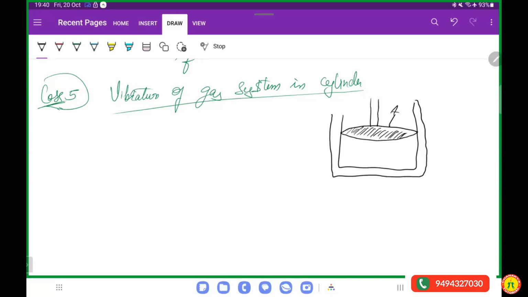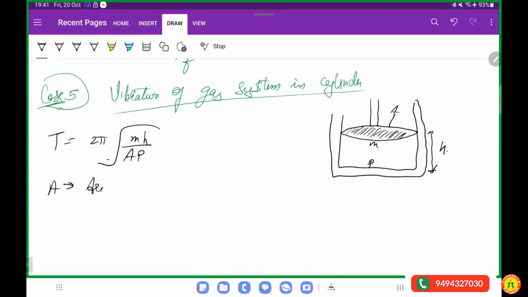This is of area A, of mass M, point B. This is the height H. So time period will be 2 pi root of mH by AP. So A and P are new terms here.